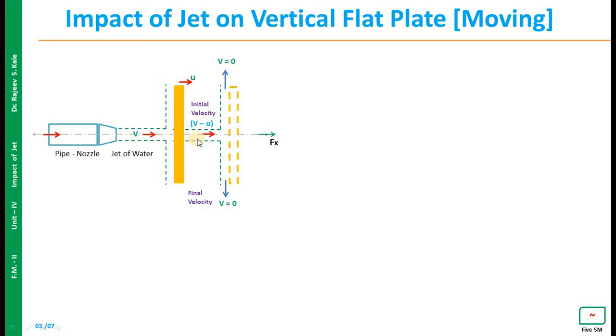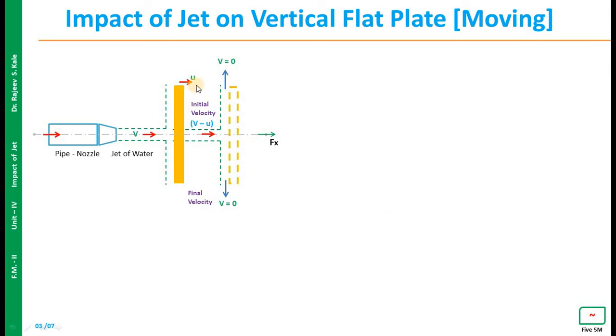So whatever impact is created on the plate, it will try to move the plate in the horizontal forward direction. In this case only one thing one has to remember. The net velocity is the initial velocity minus the velocity of the plate, V minus U. Only this is the difference while making the estimation for a fixed plate and a moving plate.